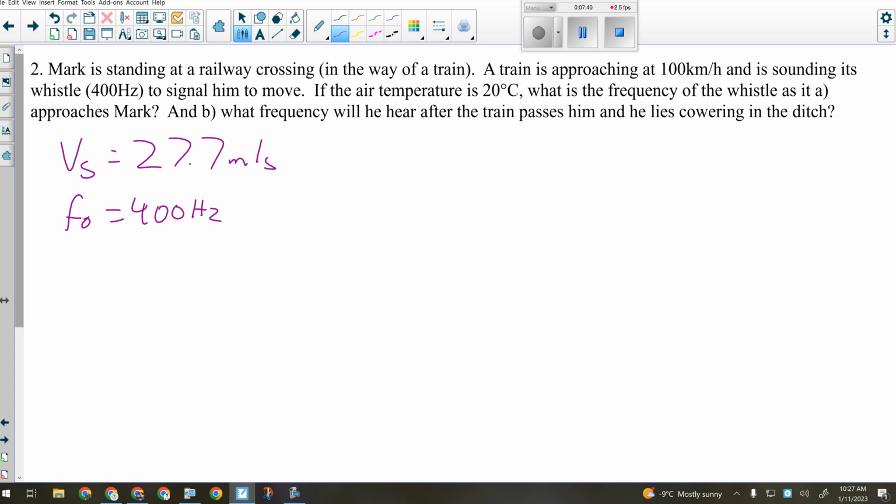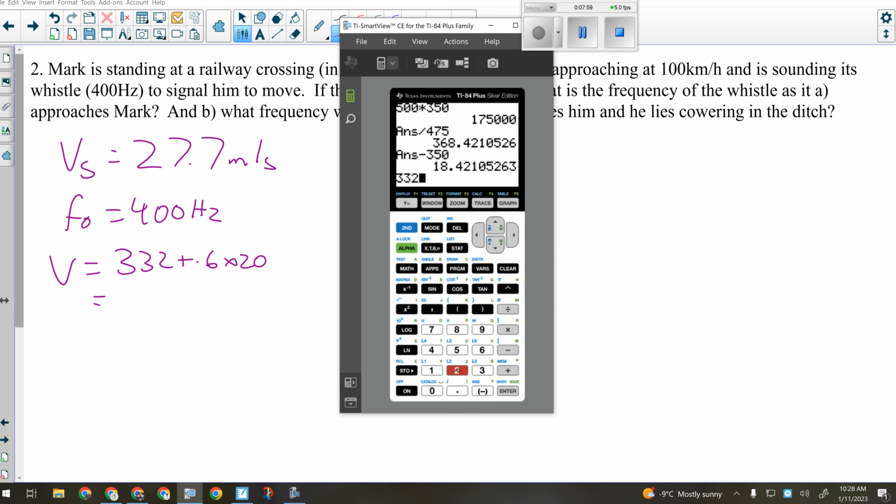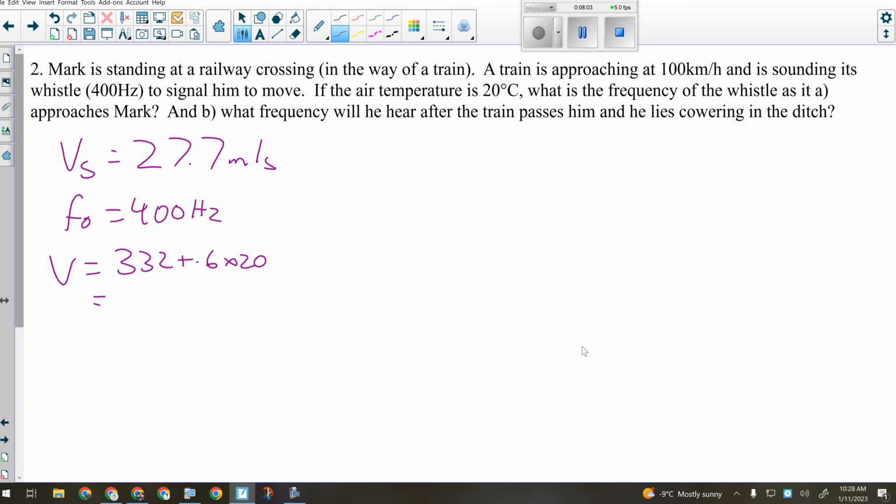The air temperature is 20 degrees. That's going to help me to get V, right? So that's going to be 332 plus 0.6 times 20 degrees, and that'll give us 344, something like that.